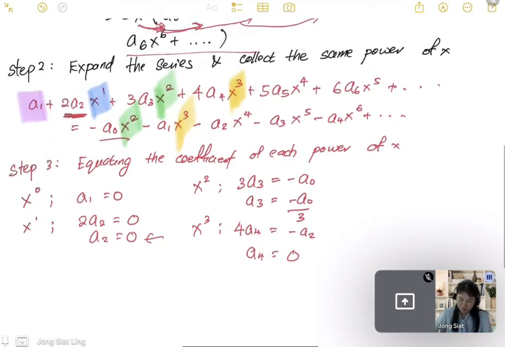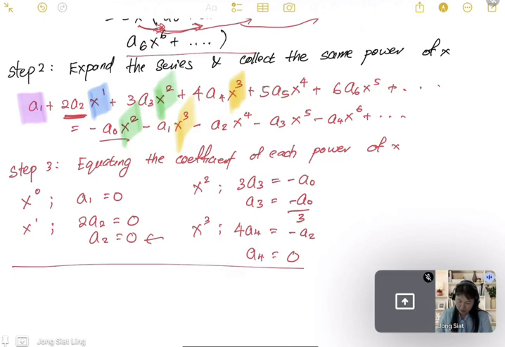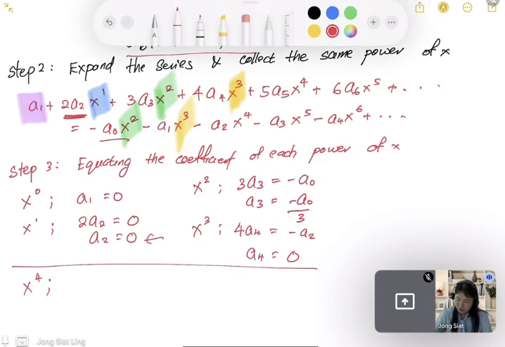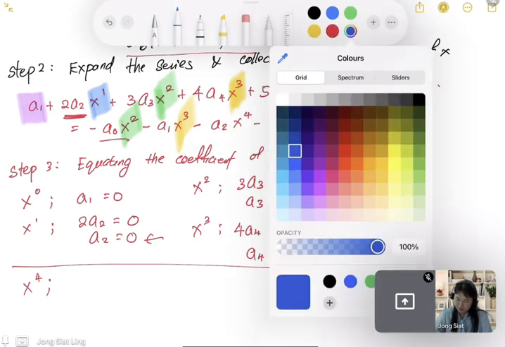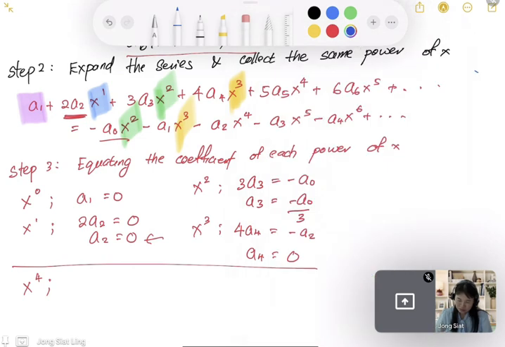Now we keep comparing, x power of 4. Let me highlight. I have x power of 4, this one also x power of 4.